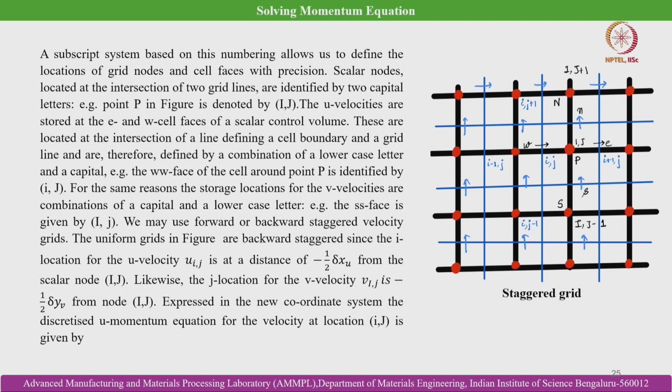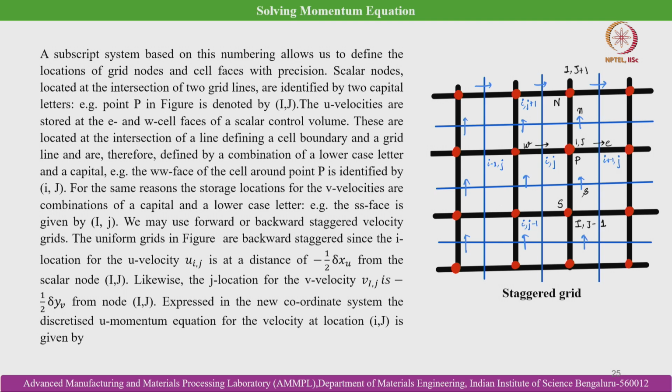So there are two grids. One is the thicker grid, which is responsible for storing the values of pressure as well as temperature at the nodal points, whereas the velocity values are computed on a separate grid, shown by the thinner lines.